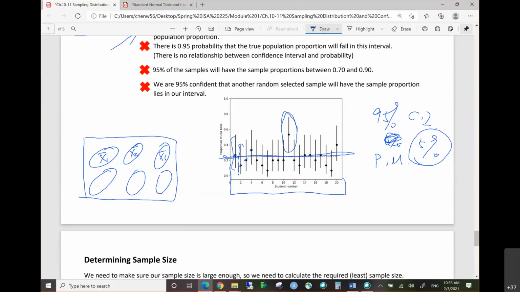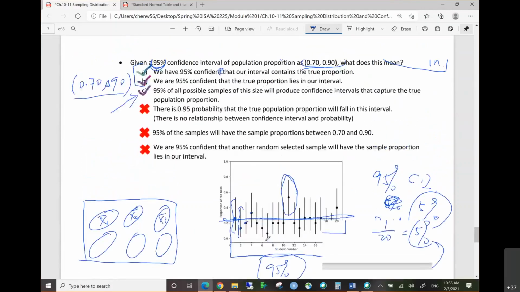So that means 1 out of 20, which is 5%, right? So 5% of the confidence intervals will not cover the true population proportion. The other 95% will cover the true population proportion. So this is how we explain this 95%.